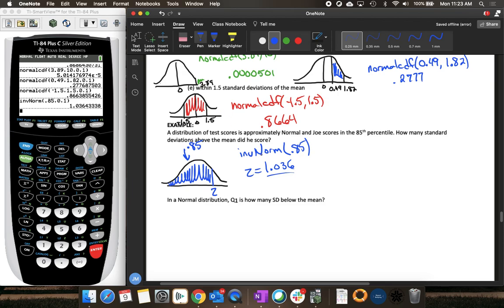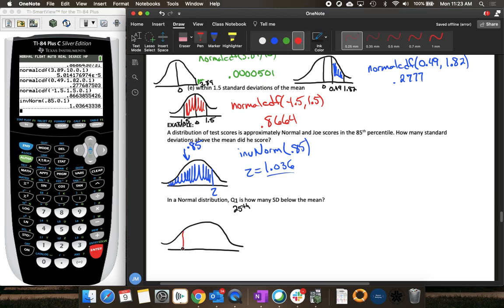Now, in a normal distribution, Q1 is how many standard deviations below the mean? Well, let's set this one up in the same way. So we'll draw our normal distribution. Our mean is at 0, but Q1, let's think about what that would be as a percentile. Remember, that would be the 25th percentile, so that would be an area of 0.25.